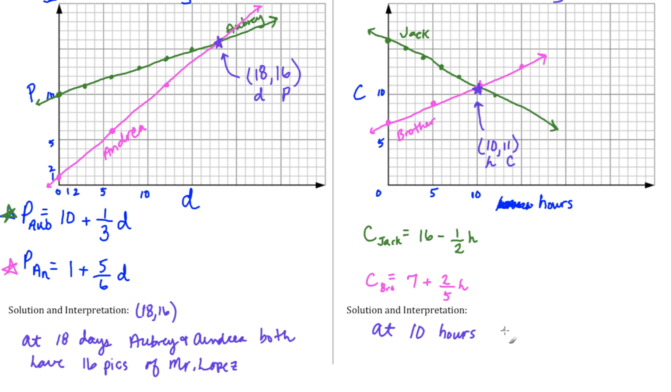At 10 hours, Jack and his brother both have, I can write this a little better, both have. So after 10 hours, Jack and his brother both have 11 candies.